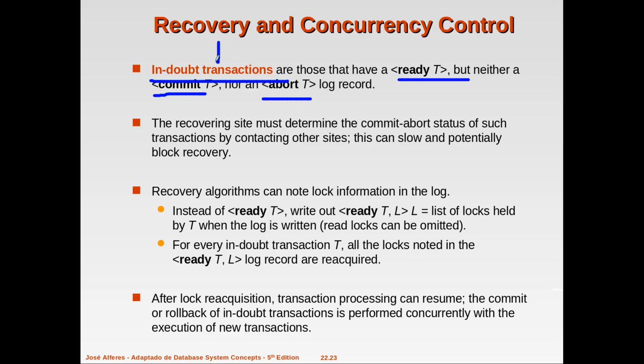So we call them in-doubt transactions, meaning we don't know whether they were committed or aborted by the transaction coordinator. In this situation, the recovering site must determine the commit or abort status of such a transaction by contacting other sites.